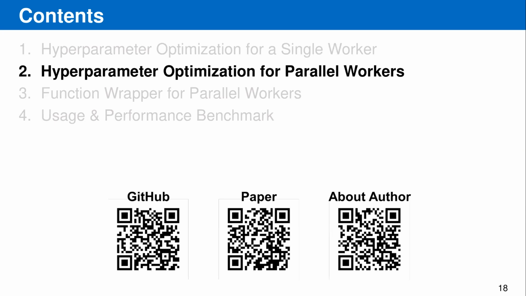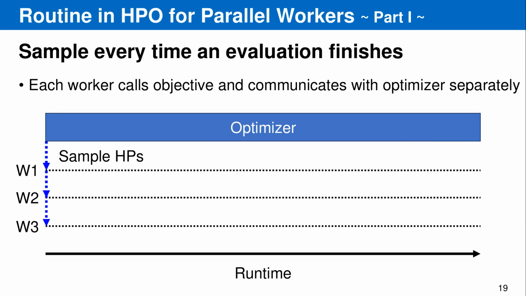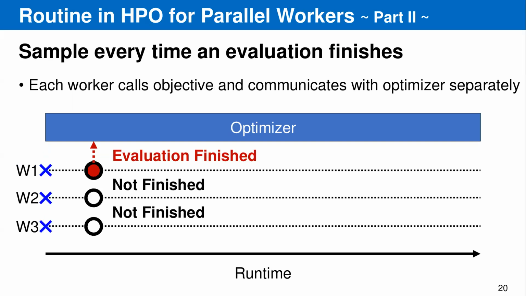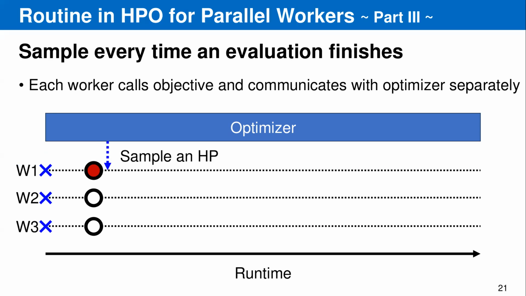Next, we show how you do the same for parallel optimization. We use the same visualization as before, and W1, W2, and W3 stand for worker 1, worker 2, and worker 3. We first sample hyperparameter configurations for each worker. Then, we wait until one evaluation finishes and return its result to the optimizer.